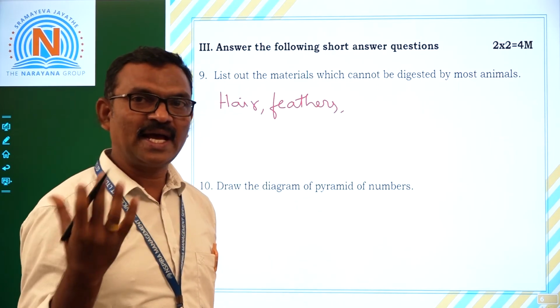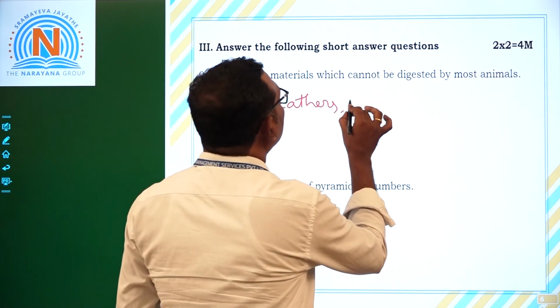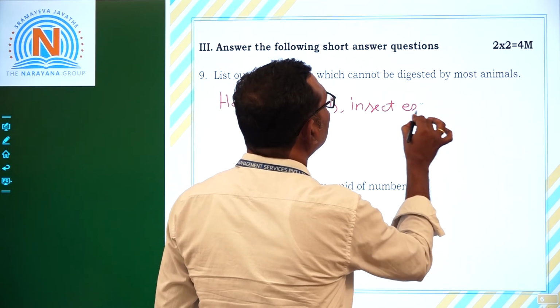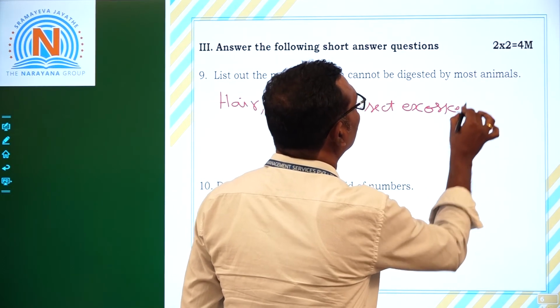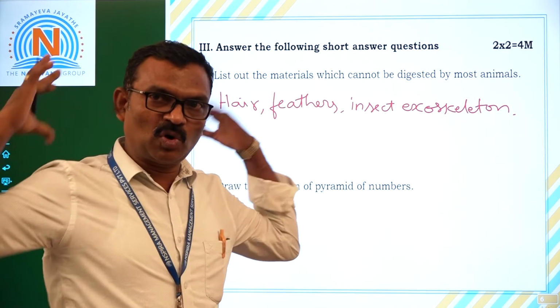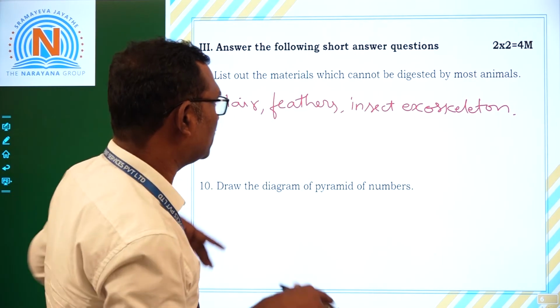If any animal takes feathers, that cannot be digested. And also insect exoskeletons. That means the upper body of the insects cannot be digested.